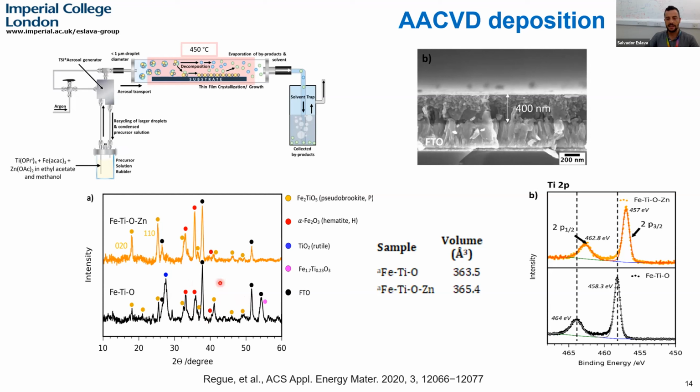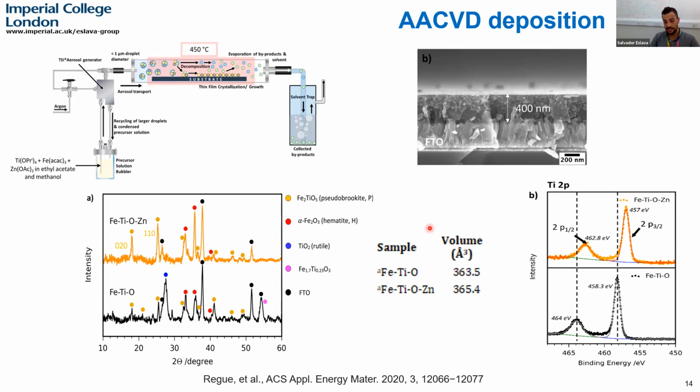We tried to minimize the formation of secondary phases, and eventually we found that if we add a little bit of zinc acetate, we have a boost of the formation of iron titanate phase, and just a bit of hematite as a secondary phase. But we avoid the formation of titanium rutile and this other secondary phase of iron and titanium.